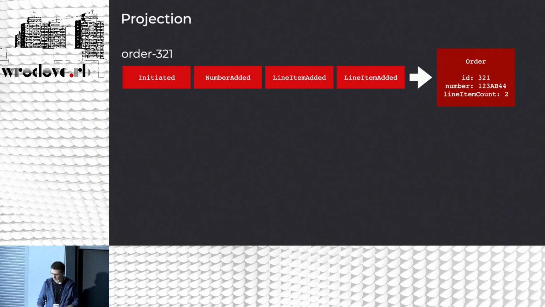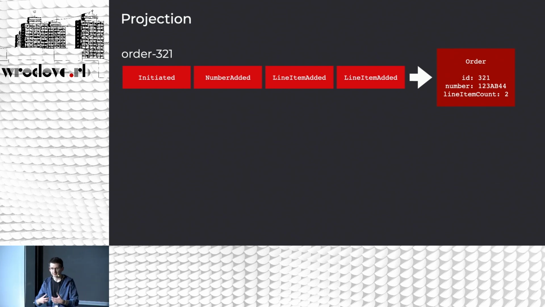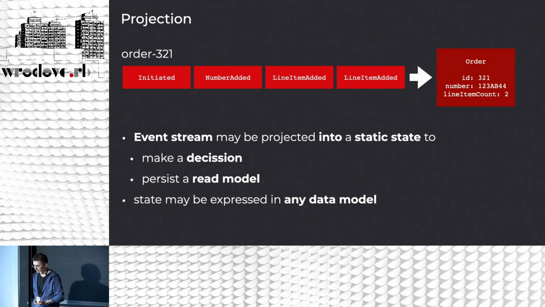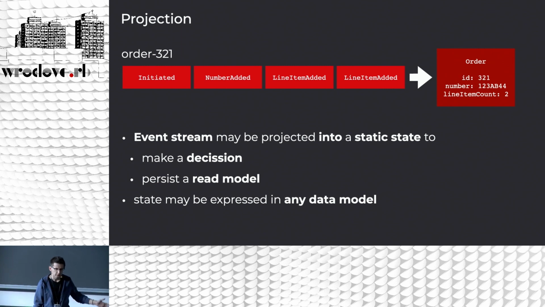As you can see on the screen, if we go over every event, we can figure out a current state. And that's called projection. So if we take the event stream and go over all the events and sum up all the information that we have there and create a static state out of this, this is called projection.